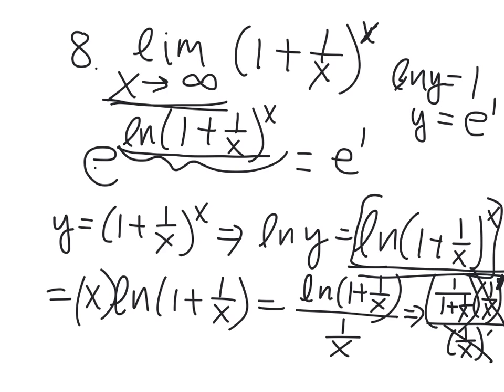So now you'll probably get, the more math you have, the more you'll automatically recognize this as the number e. This is the definition of e, but this is why this approaches e.